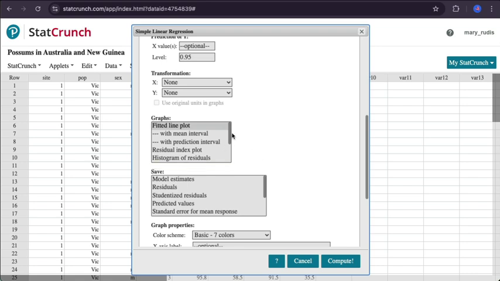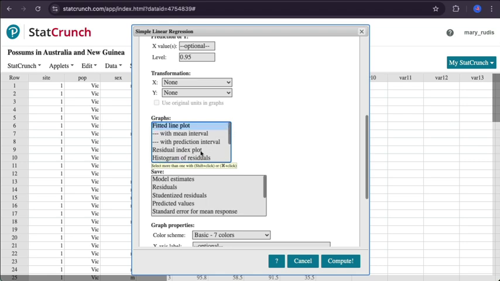The graphs that we're going to be looking at are several. So pay attention to this, because we need to see the fitted line plot. And then since I'm using a Mac, I'm going to be pressing on the command key. But if you're on a PC, you will want to press on the control key.